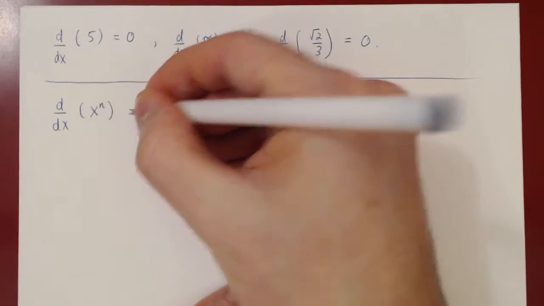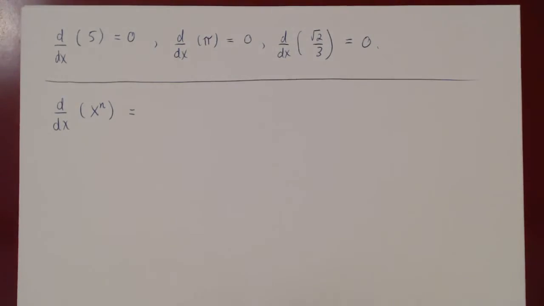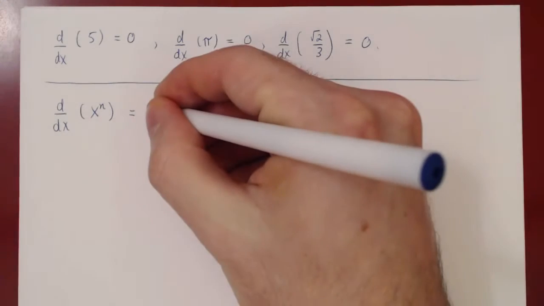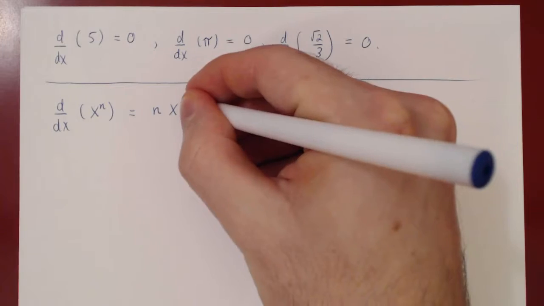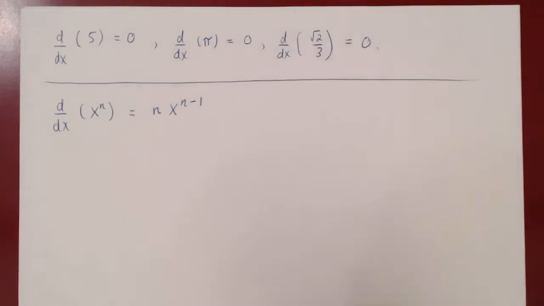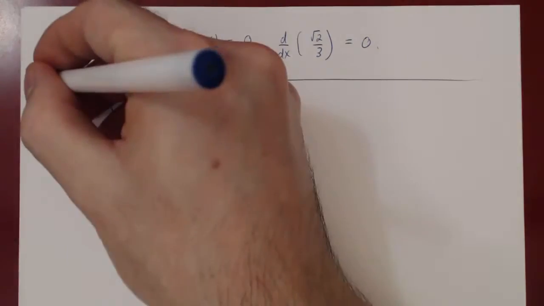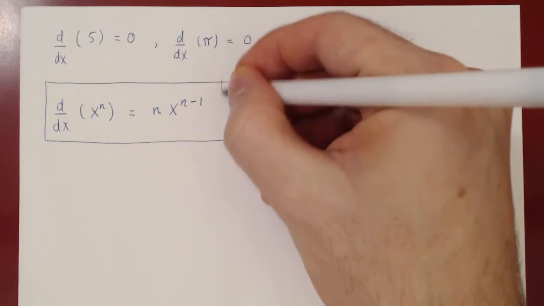And the power rule says, and you'll see on the document, what we have at that point will be a heuristic. We'll find the derivative of x squared to be 2x, the derivative of x cubed to be 3x squared. So every time it looks like we bring the power down, times x to the power n minus 1. And that is the so-called power rule.